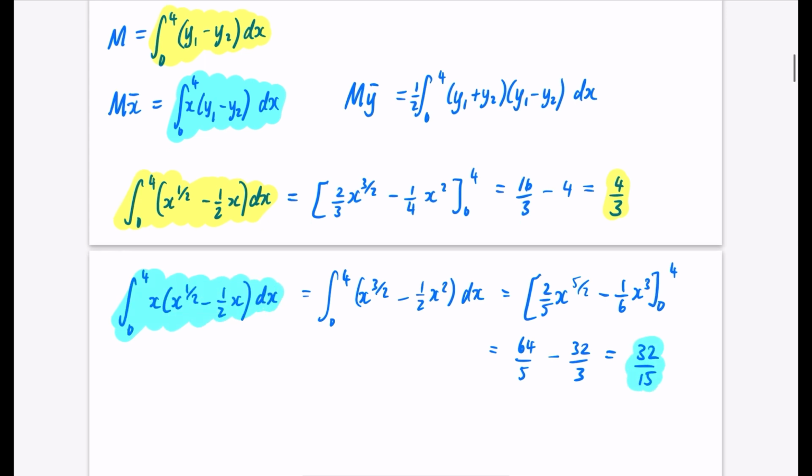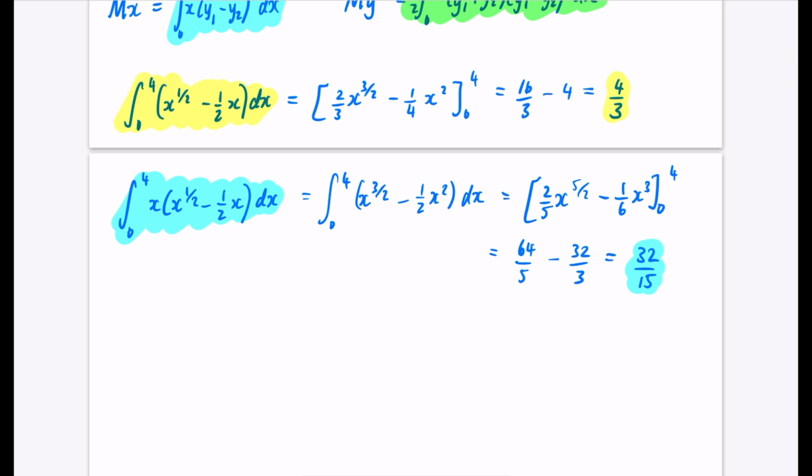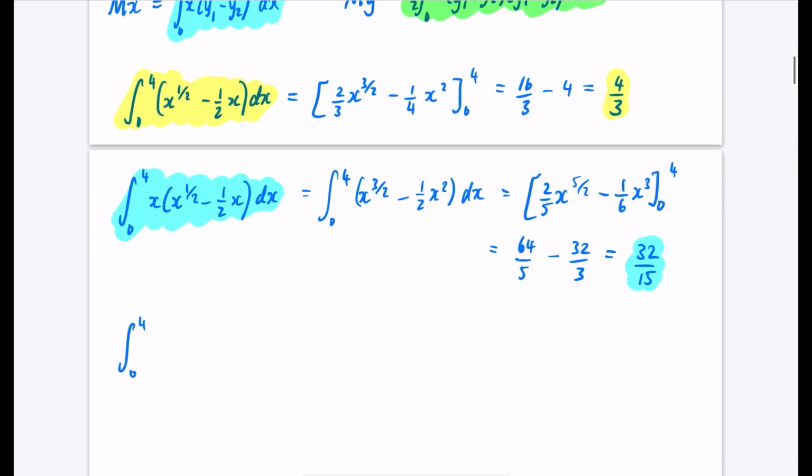Now I am going to do my yellow calculation, which is probably the one that's going to take a bit longer because I'm going to need to do some expanding of the brackets. So my green, did I say yellow? I mean green, between 0 and 4. So I'll do my y1 plus y2, which is my x to the half plus a half x multiplied by x to the half minus a half x. I'm hoping you're noticing there's a difference of 2 squares there.